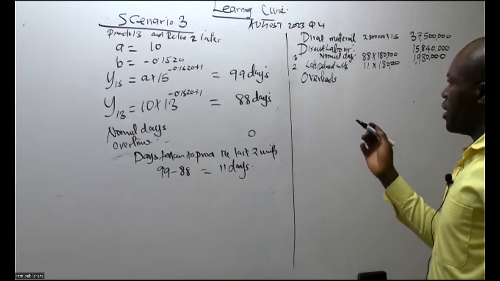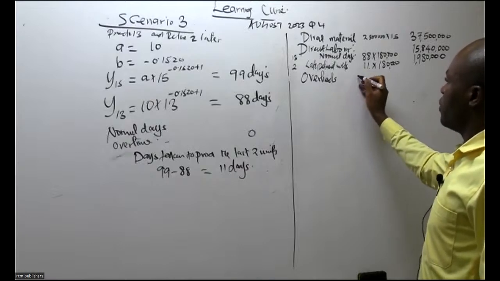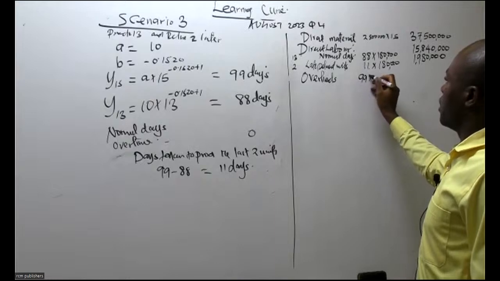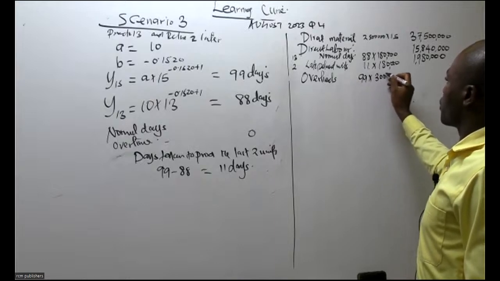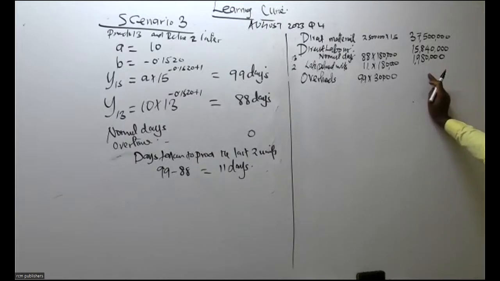So scenario 3, they are trying to take that option of, yes, the overhead will be 99 times 30,000. Tutakuwa na ngapi hapa? 99 by 30,000 ni ngapi?